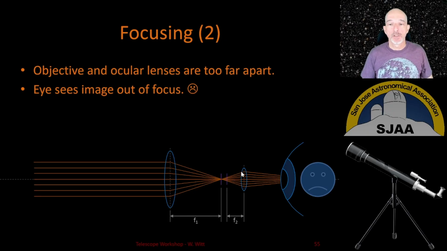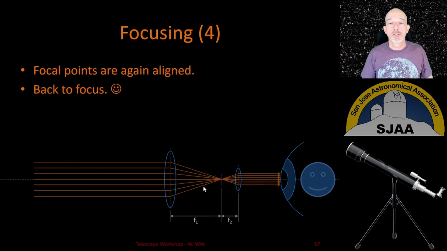And with this gap here, the ocular lens is not able to return the rays to a parallel configuration, right? So now the eye is not seeing light arrive in a way that the original light was arranged. And so this would result in an out of focus image. And we can get the same problematic situation, or a very similar one at least, by moving the lenses too close. Now the two focal distances are overlapping here, right? And once again, with this configuration, the eye is not seeing the incoming light arrive in the same relative arrangement that we had to begin with over here.